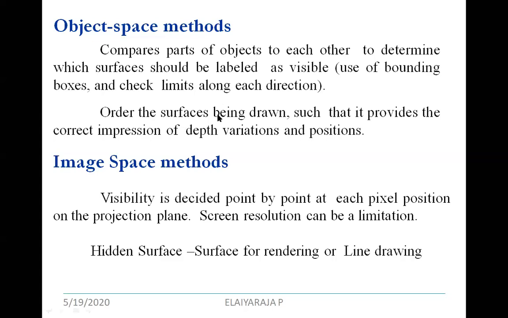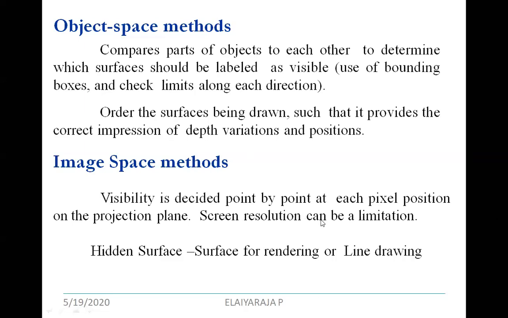This orders the surfaces being drawn so that they provide a correct impression of depth variation as well as positions from the viewer point. In the image space method, the visibility is decided point by point at each pixel position on the given projection plane.